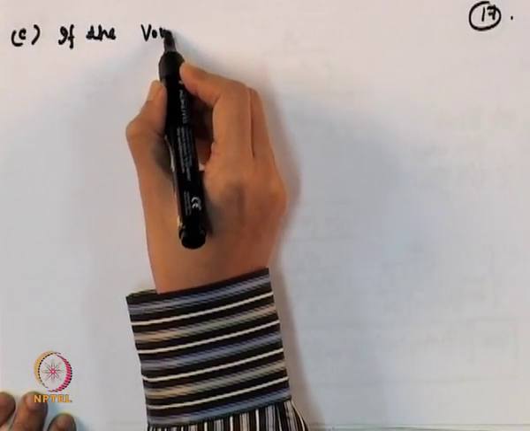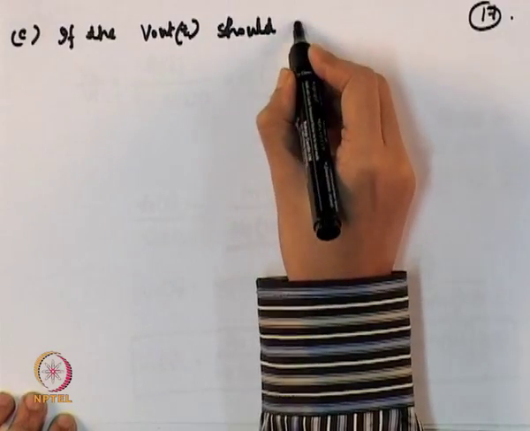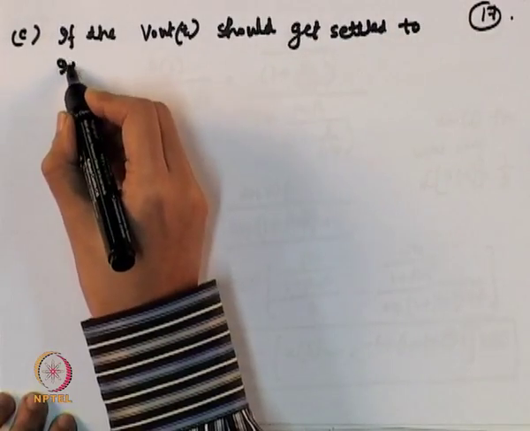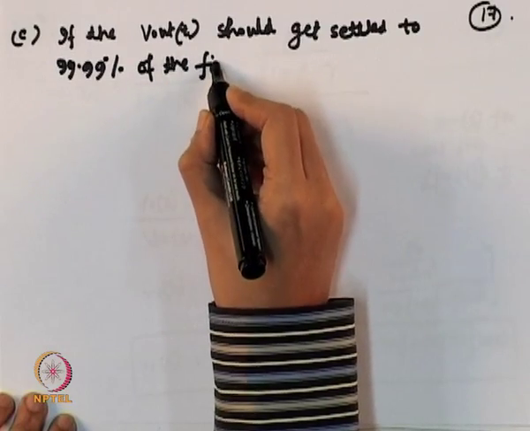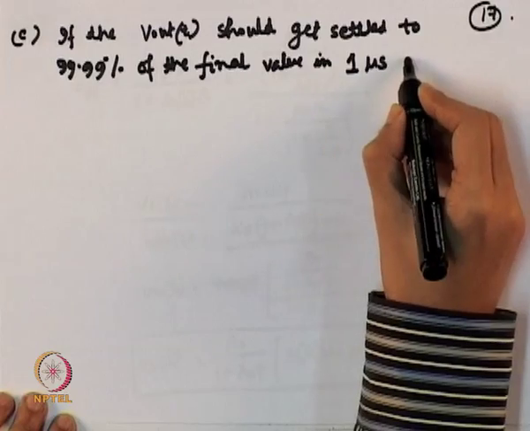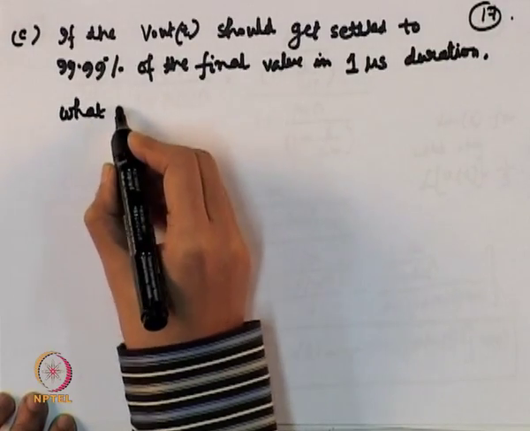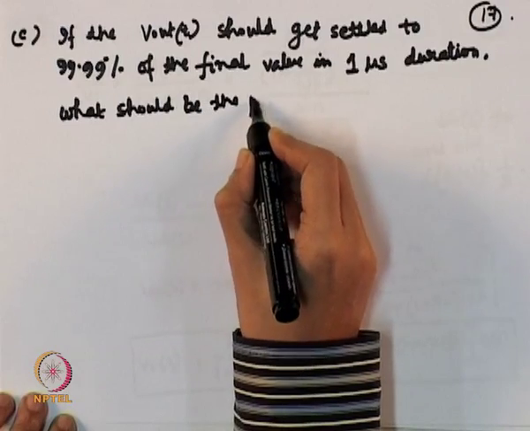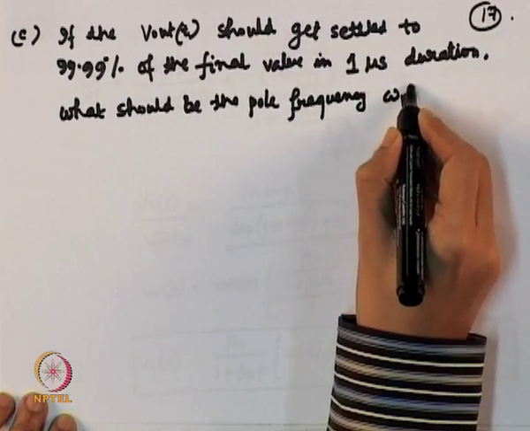If Vout(t) should get settled to 99.99% of the final value in 1 microsecond duration, what should be the pole frequency omega p?